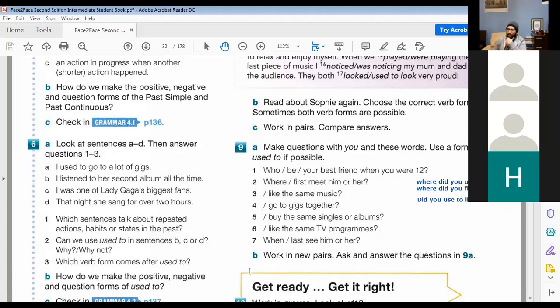So did you used to buy the same albums or singles? Yes. If your taste in music hasn't changed, you'll say yes, I did. But if your taste, your style, has changed, you can say, no, I didn't. All right, now, what about number 6?